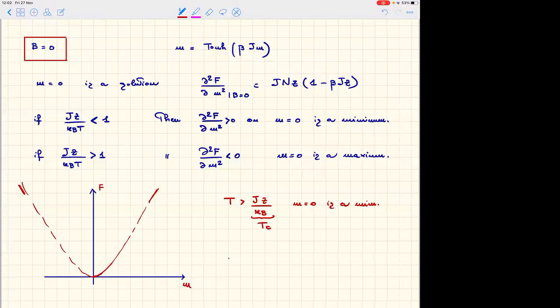Now, when the temperature is smaller than this critical temperature, m equals 0 becomes a maximum. So the free energy will look like this, which means that the free energy is going to have two other minima that are symmetrical with respect to m equals 0. Let's say one here and one there.